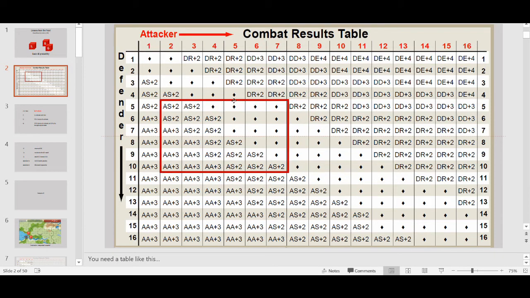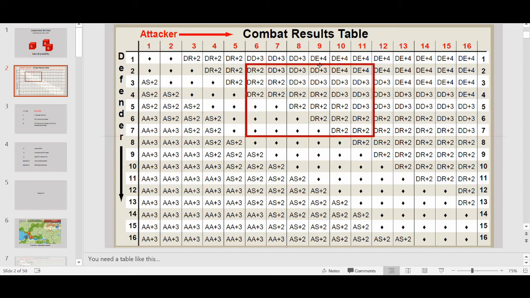So an attacker +5 against a defender +1. I can hover over this section and I can isolate just the results. And there are 36 of them because one player is rolling a six-sided die and the other is rolling a six-sided die. There will always be 36 possible results for you to look at.